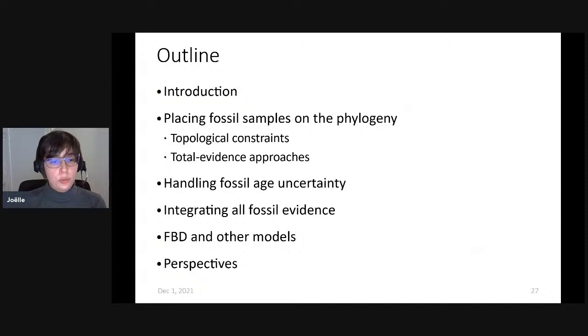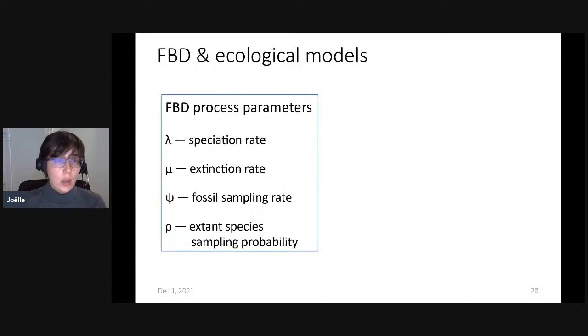I'm now going to look at how we can integrate FBD with other existing models. So one thing we can look at when we see the list of parameters of the FBD process is that we have the speciation rate and extinction rate that are sort of arbitrary variables, right? We assume that the speciation process and the extinction process are entirely controlled by these rates, that they're purely Poisson processes.